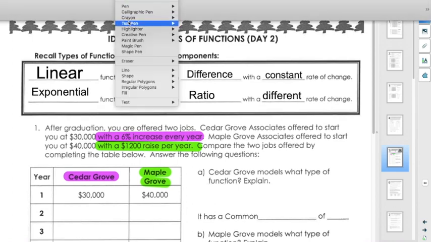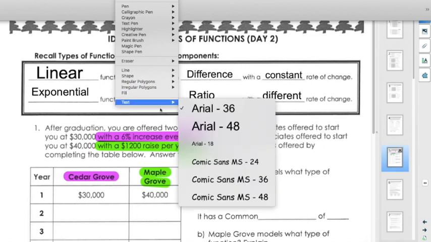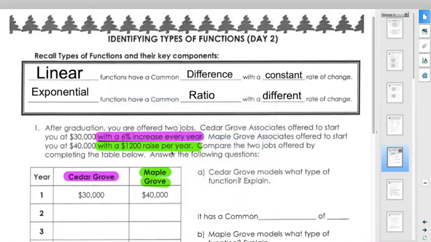So let's think about this. What is a 6% increase each year? $30,000, a 6% increase on that is going to give me some number. And then a 6% increase on the next number probably won't be the same as the number I just got. So let's write this down right above the table here.